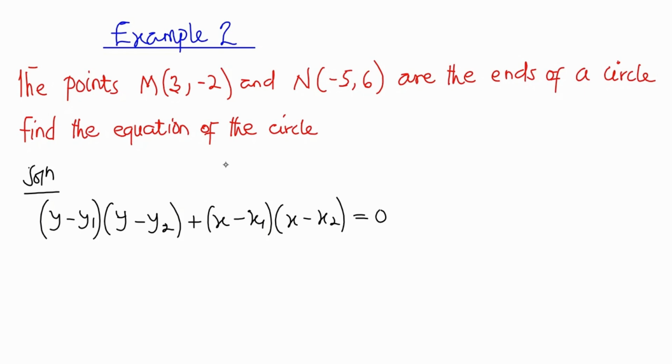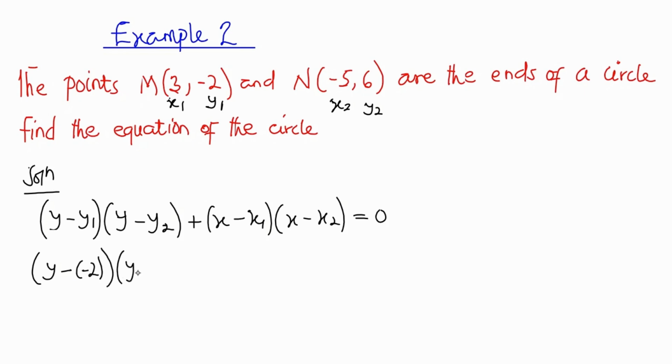So from the coordinates given to us, we have M and N, which means that the first one for M becomes x1, the second one becomes y1. For N, here becomes x2, and the next one becomes y2. So we just have to do substitution, which means we have y minus, our y1 here is negative 2, and there is an existing negative in the formula, so you have negative of negative 2 here.